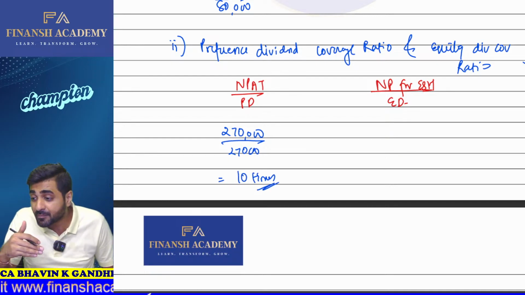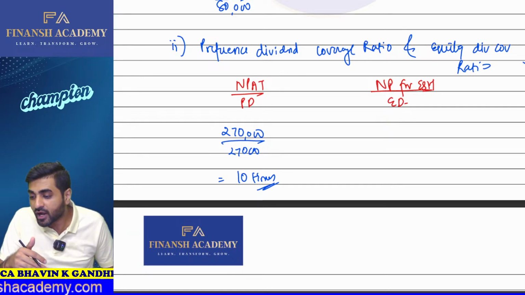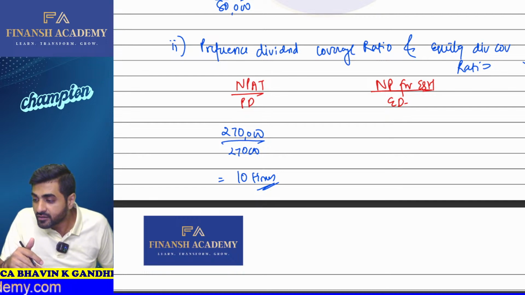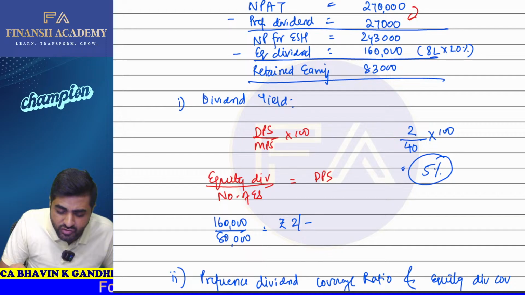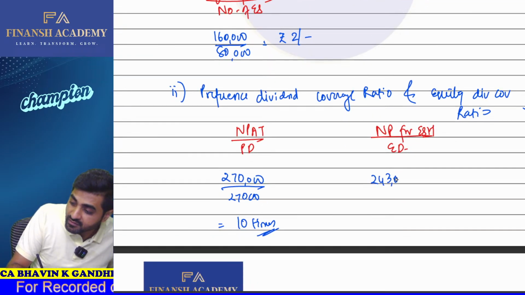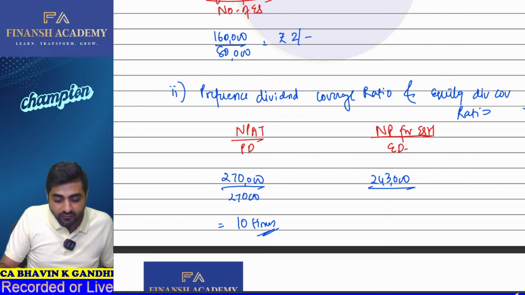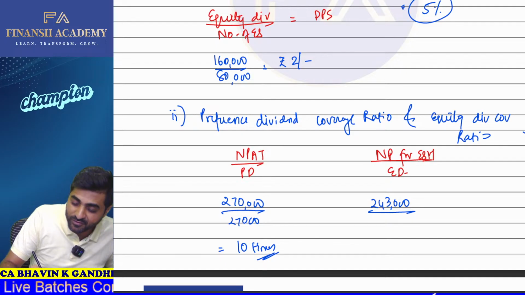Now, from where are we making the payment of equity dividend? From net profit for equity shareholders, which is 2,43,000. We are going to divide that by the equity dividend, which is 1,60,000.